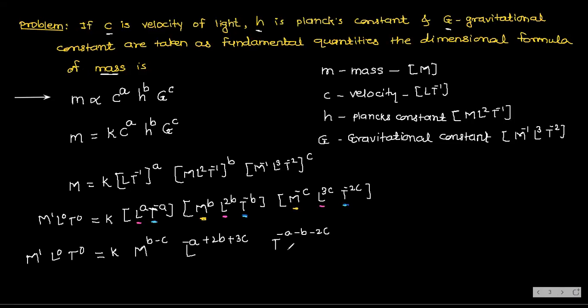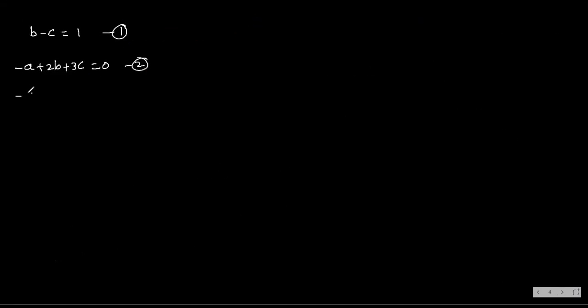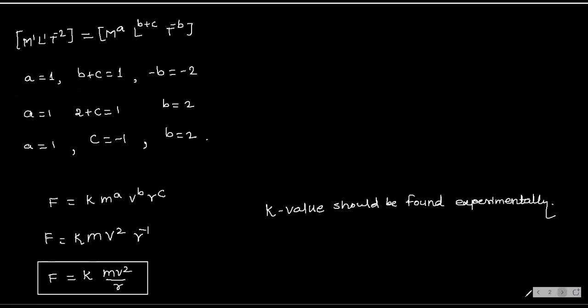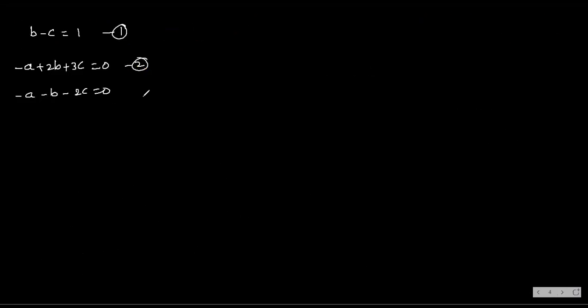Next, minus A minus B minus 2C is equal to 0. You can see T, M and L. This is your equation number 3.